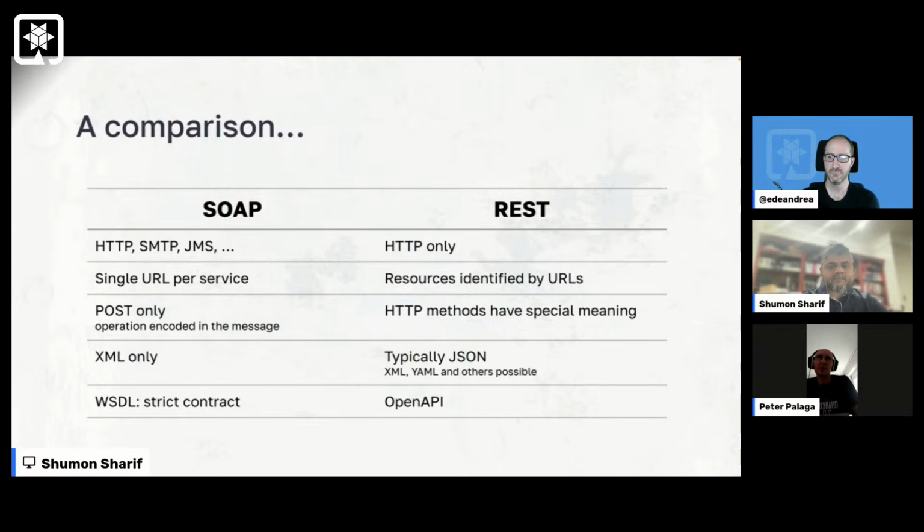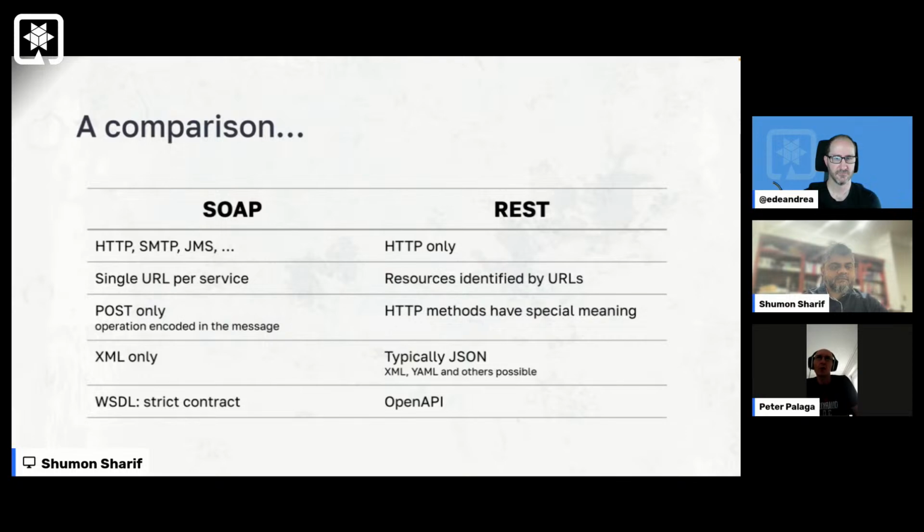But on the SOAP side, it's a bit different. There's only a single URL per service, and the service can implement multiple operations. And the operations are more like Java interfaces. You have an operation, some arguments, and some return value. That's how it works.